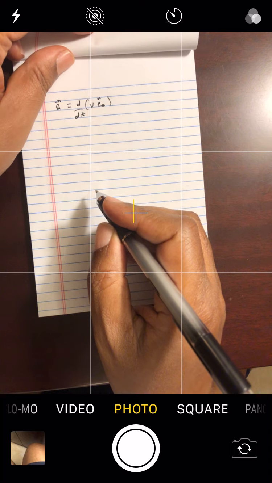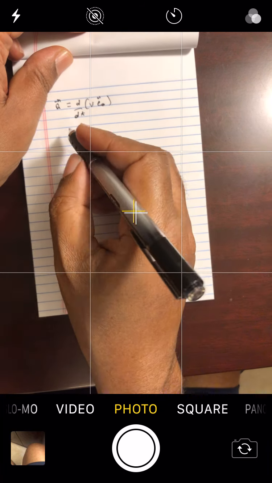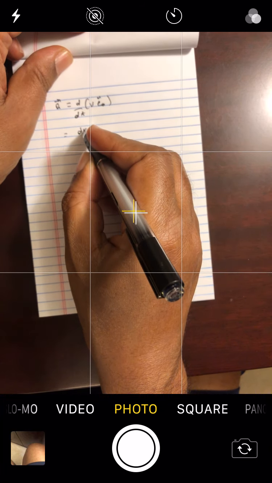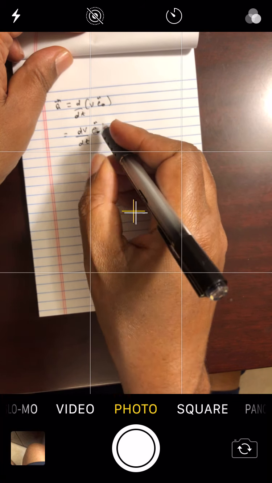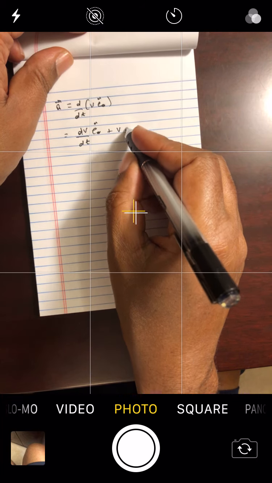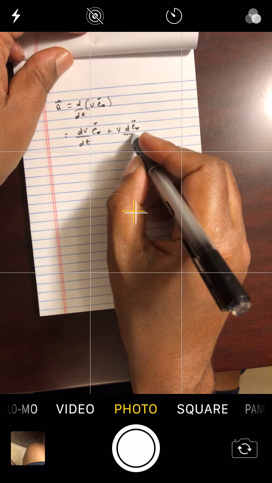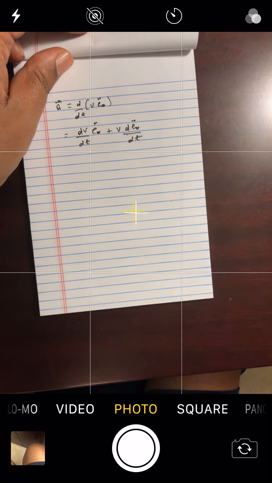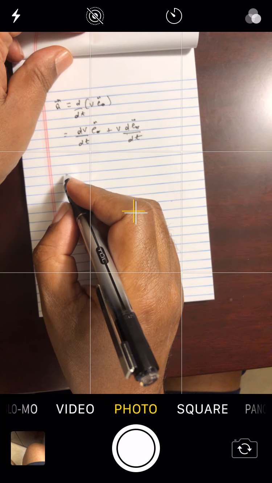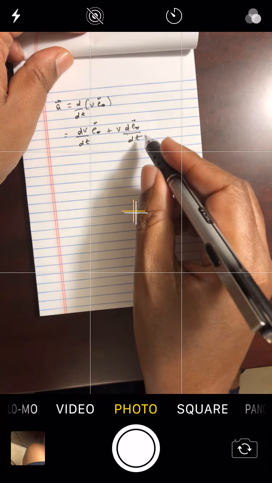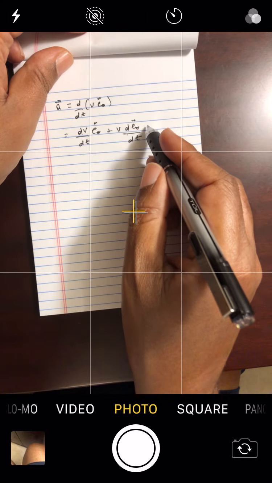Okay, so we're going to use the chain rule. This becomes dv by dt in the direction of e theta, plus v times the derivative of e theta with respect to time. Now before we do this derivative, let me multiply by d theta over d theta.